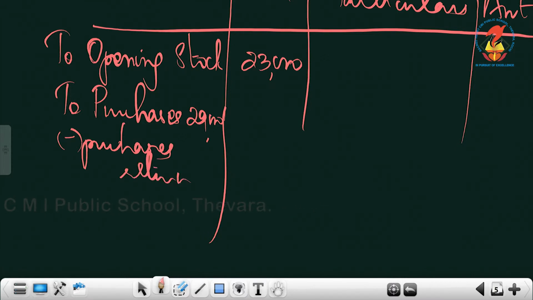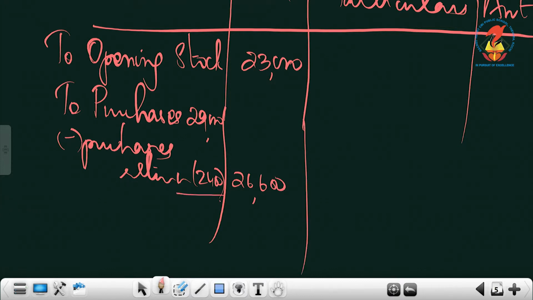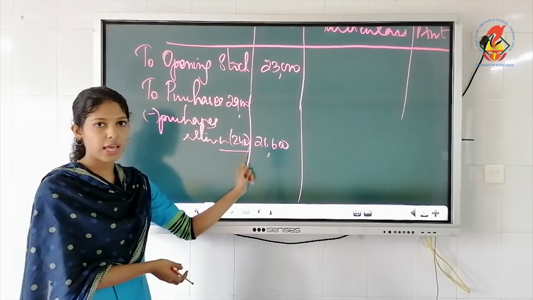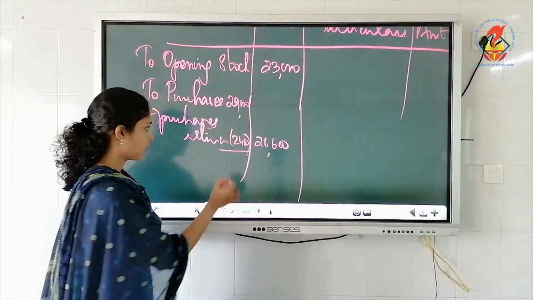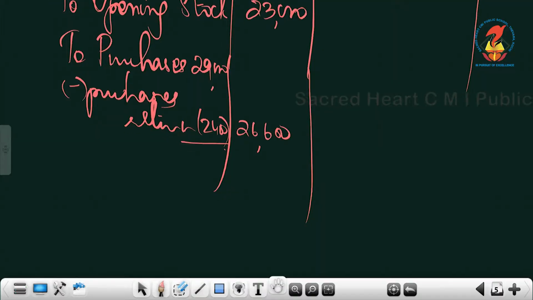Write within brackets, the return figure here is 2,400, outer column 26,600. So you draw a small line like this just to show the calculation here. So draw a small line in the inner column, then you write the balance in the outer column and write within brackets all negative figures.